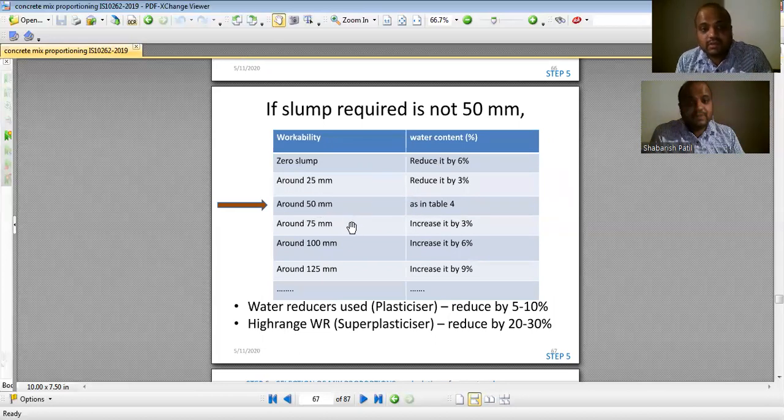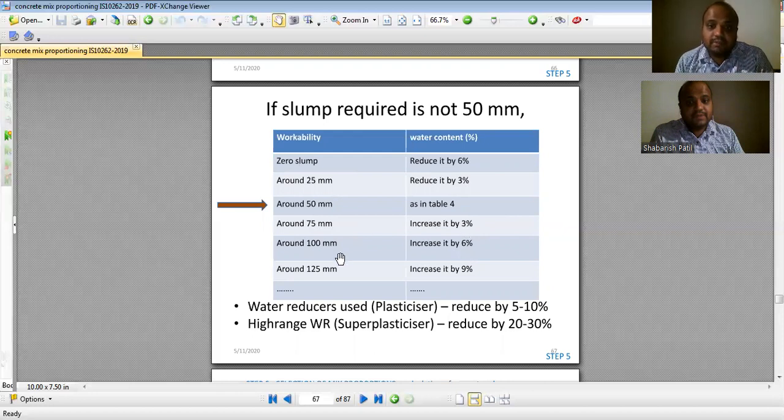Okay, if I want more slump, like say 75, what the statement says is, for every 25 increase in the slump, you should increase the water content by 3%. That is the statement given in IS 10262. So if I want 75 mm of the slump, then I have to increase my water by 3% of the value in table number 4.